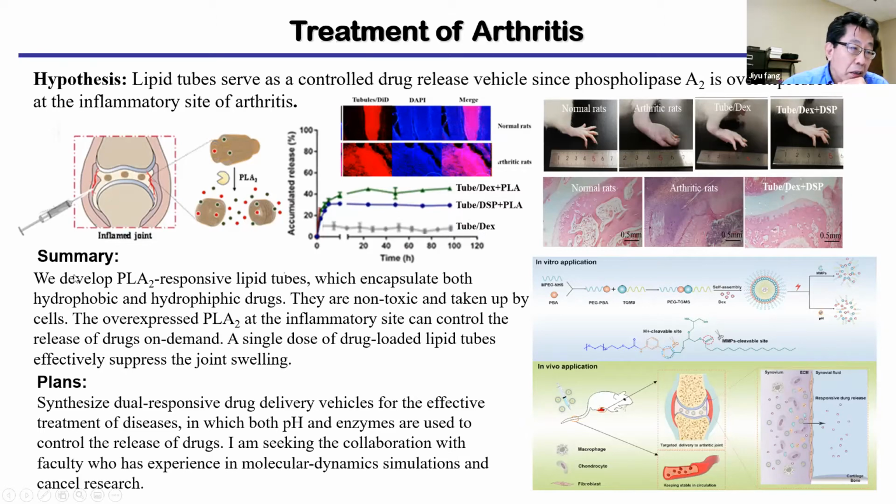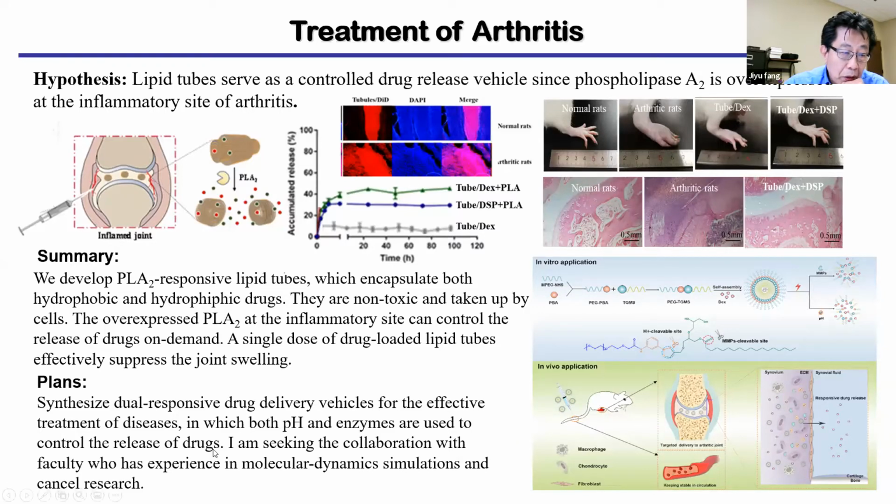So here's the summary of the achievements. We have developed a lipase-response lipid nanotube, which can encapsulate both hydrophobic and hydrophilic drugs. The tubule can be taken up by the cell without causing cell death. The overexpressed enzyme at the disease site can be used as a trigger to control the release of the drug and treat the disease.